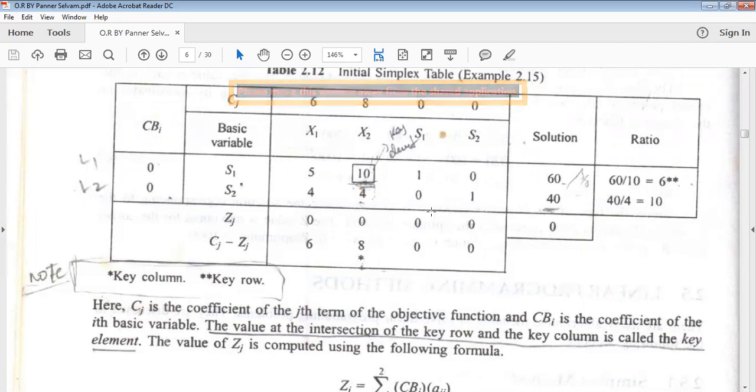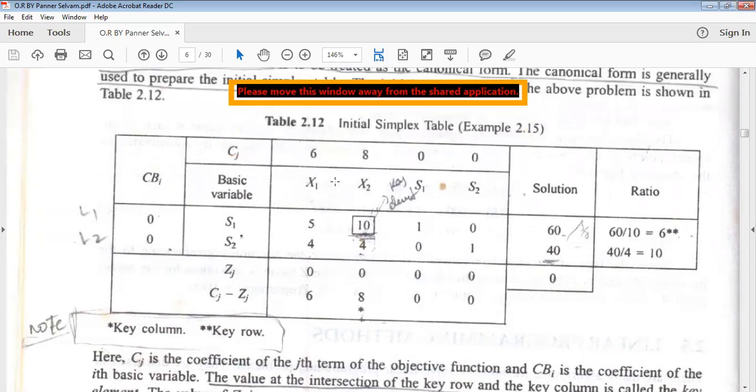Like this, you are getting all zeros. All the Zj values are 0 because the coefficients are zeros. And therefore Cj minus Zj is 6 minus 0, 6, 8 minus 0, 8, and 0 minus 0, 0.